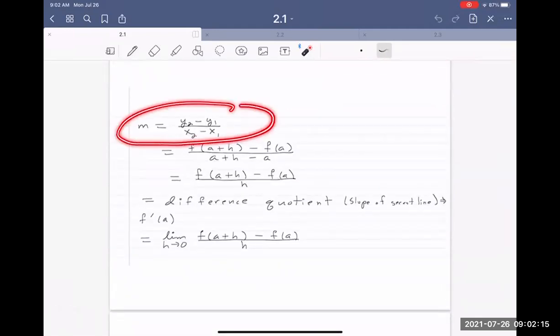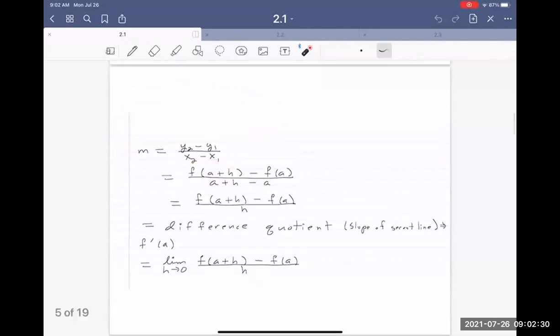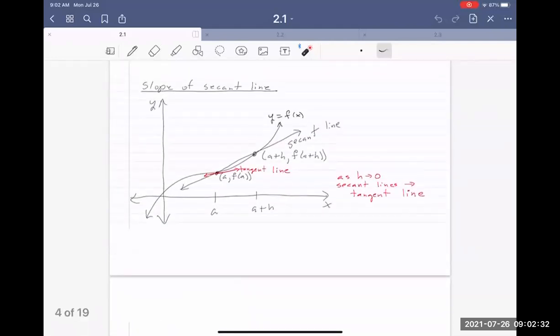Well, I know what the slope is of a line through 2 points. So m equals y2 minus y1 over x2 minus x1. Well, if I look up here, I have a y2 minus y1 over x2 minus x1.